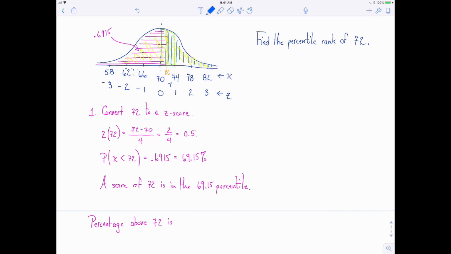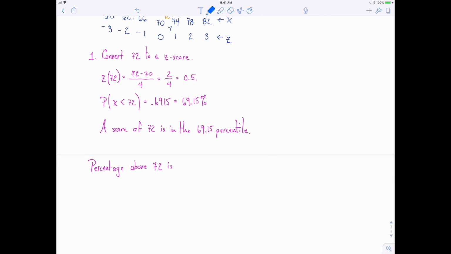So we'll leave the blue. So the percentage above 72 is found from taking the whole, 1, and we're going to subtract the 0.6915. So if we do that, that's going to be 0.3. Shouldn't do this in my head. I'll probably make a mistake here.